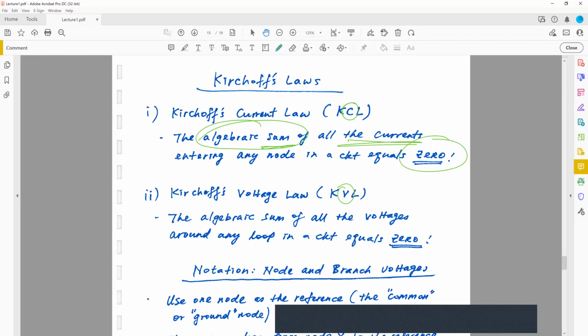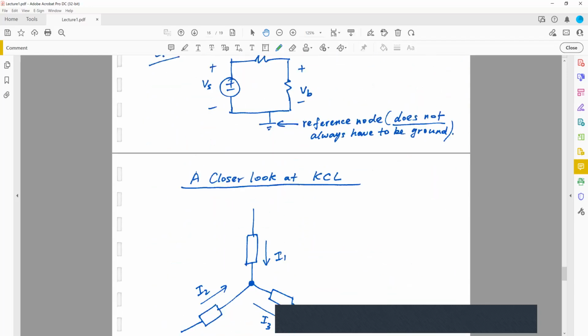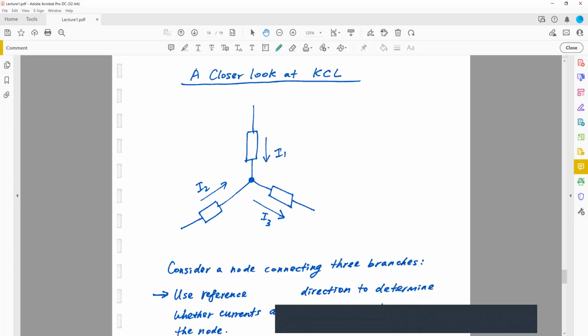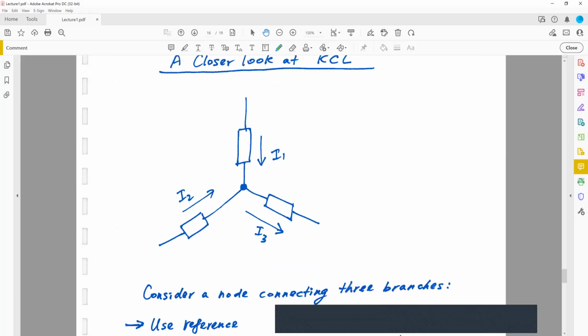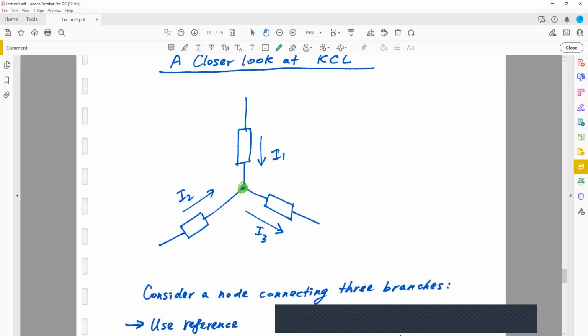So what does that tell you? I'm going to go straight to the next slide first and come back. The algebraic sum of all the currents. Suppose I have a node here, and this node is shared by 3 branches, 1, 2, and 3. Each branch is going to carry some current.